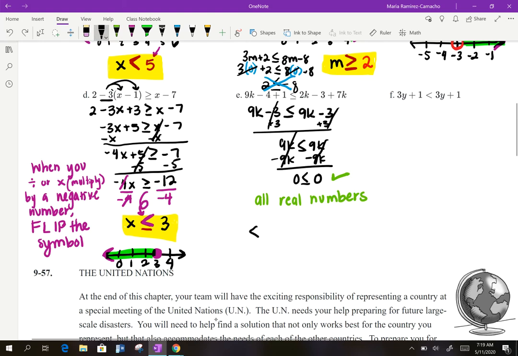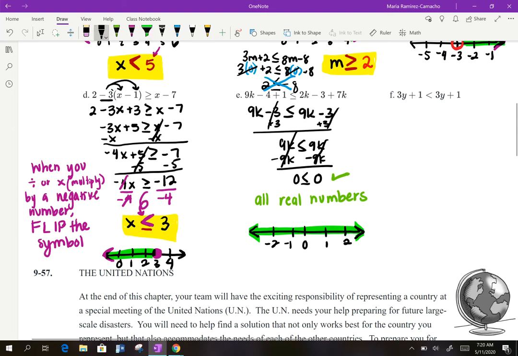Now for our number line, what this means is that there is no boundary point. We're just going to shade the entire number line. Okay, if every single number is a solution, then every single number gets shaded.